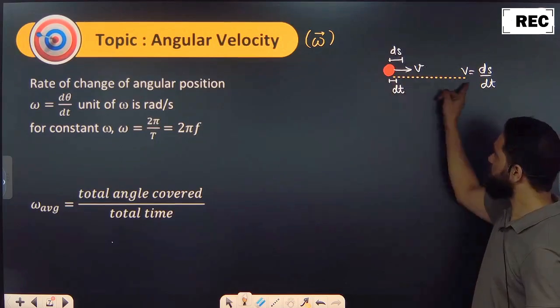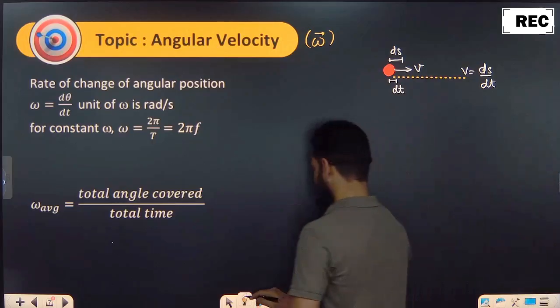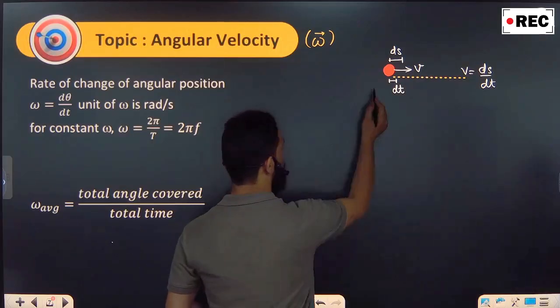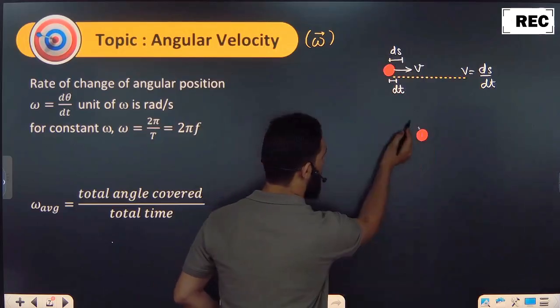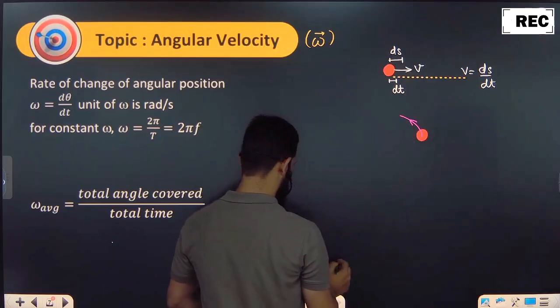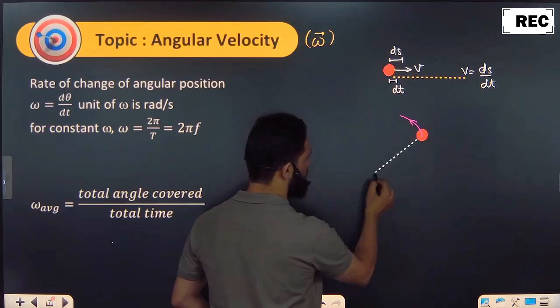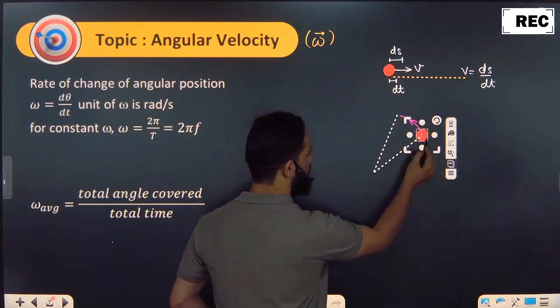Now imagine this is not moving on a line, it's not one-dimensional motion; something is moving on a curve, right? Imagine this body is now moving on a circle. When it moves on a curve, its center was this, and its radius is subtending some angle here.